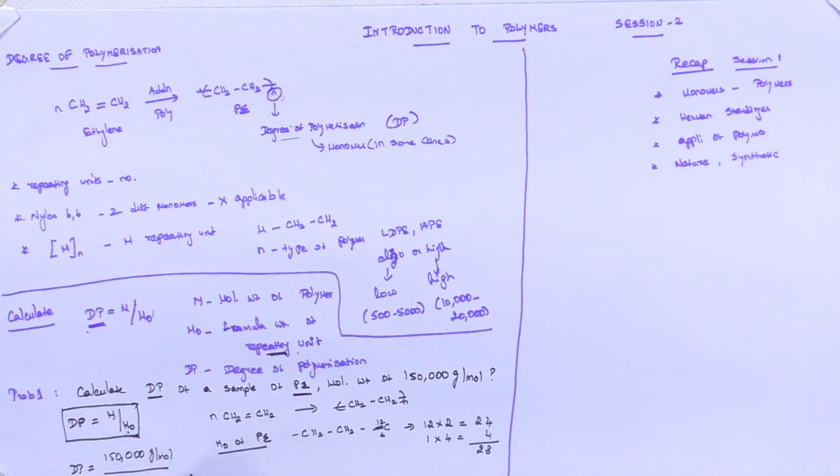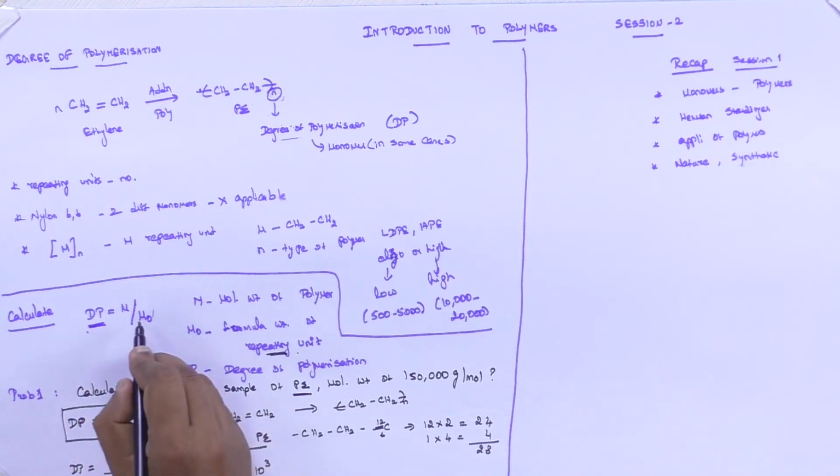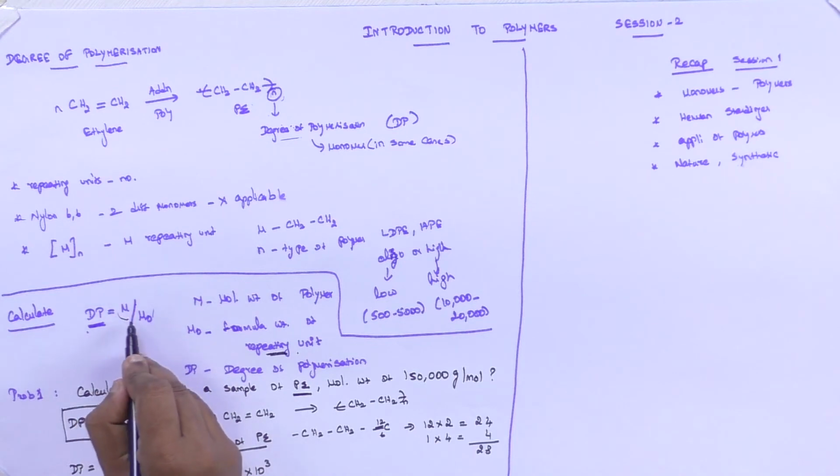So, on calculation you get it as 5.35 into 10 power 3 with no units. So, dP doesn't have any unit. This is how you will calculate the degree of polymerization using the molecular weight of the monomer, the repeating unit, as well as the polymer.